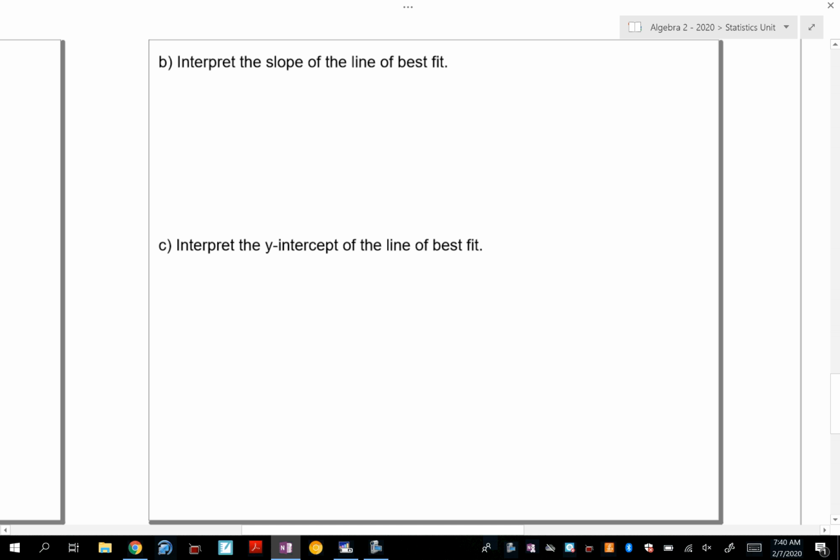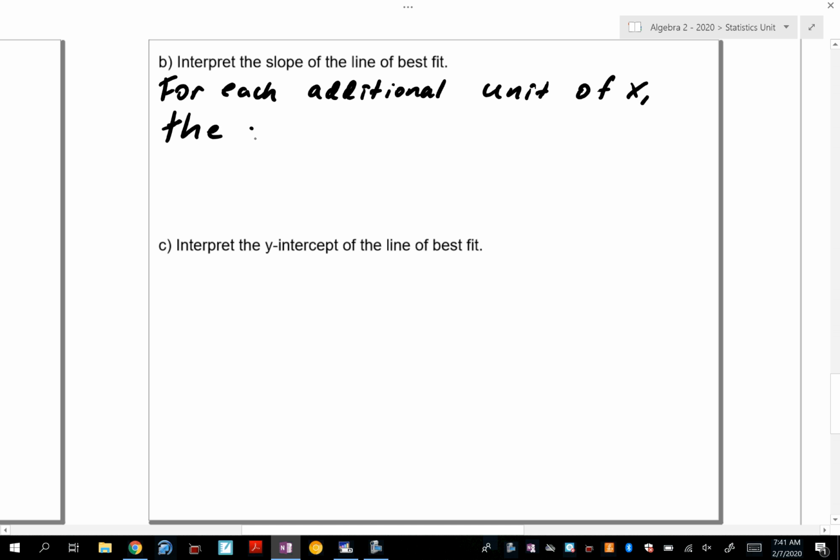Interpret the slope. I'm going to write it down first with no context. So for each additional unit of x, the y value changes by the slope.